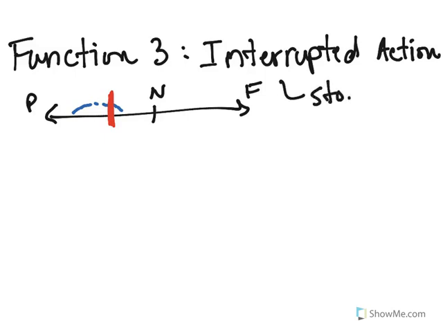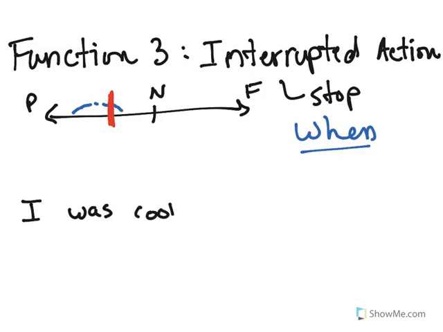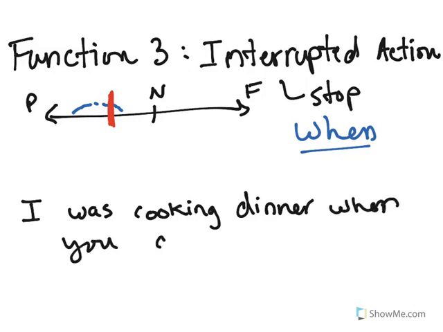Interrupt means to stop an action that's already in progress, an action that's already ongoing. Most of the time I use the word when to connect those two sentences together. Let me give you an example. I was cooking dinner when you called.